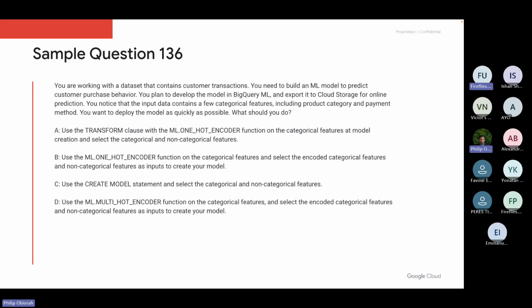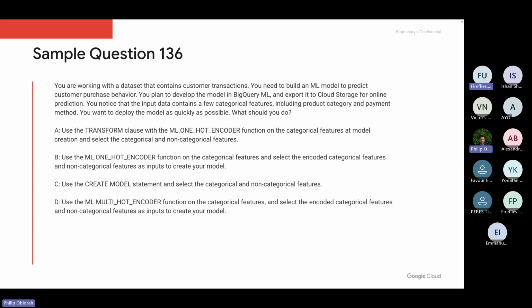Question 136. You're working on a data set that contains customer transactions. You need to build machine learning models to predict customer purchase behavior. You plan to build a model in BigQuery and export it into Cloud Storage for online prediction.